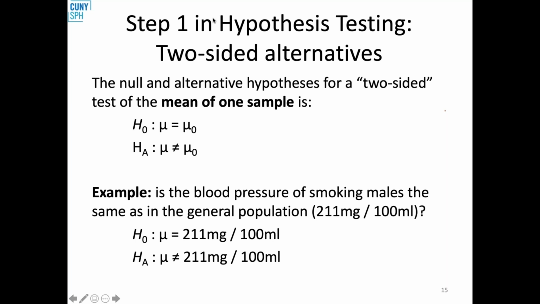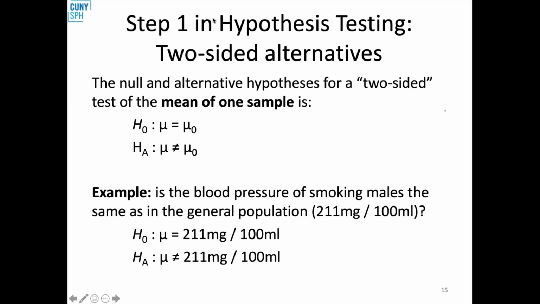This is called a two-sided hypothesis. Don't worry about the term two-sided. We'll get to that in a little while. But basically, we're saying that one mean is equal to a certain value, and the alternative hypothesis is that the mean is not equal to that value.